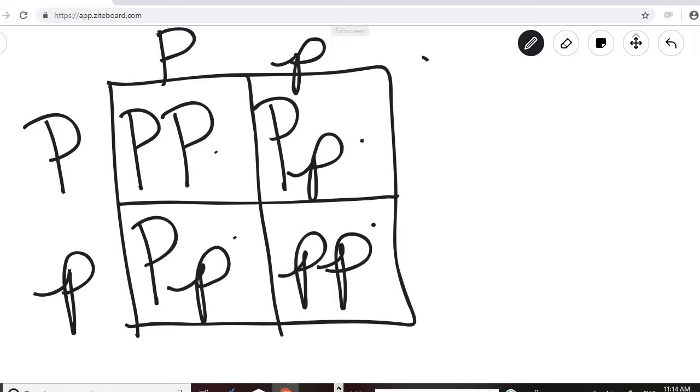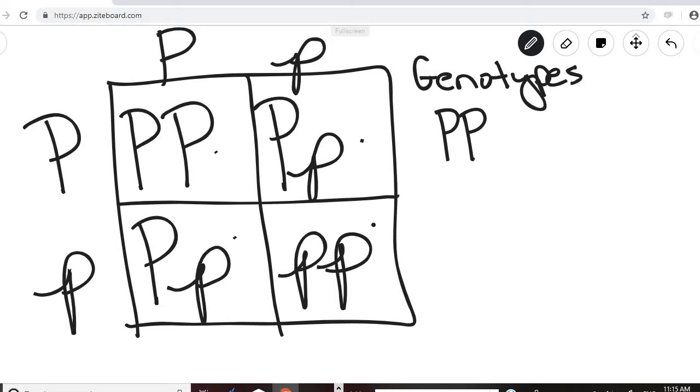The genotype possibilities are, here we have an uppercase P, uppercase P. So 1 out of 4 is uppercase, uppercase.